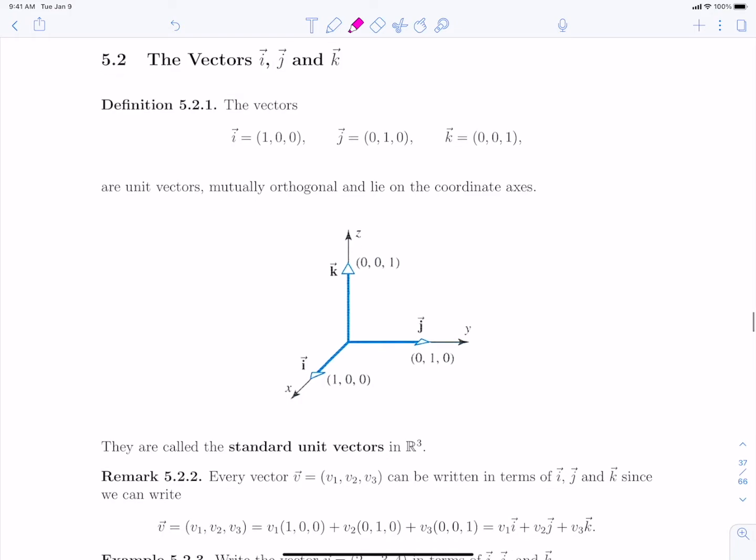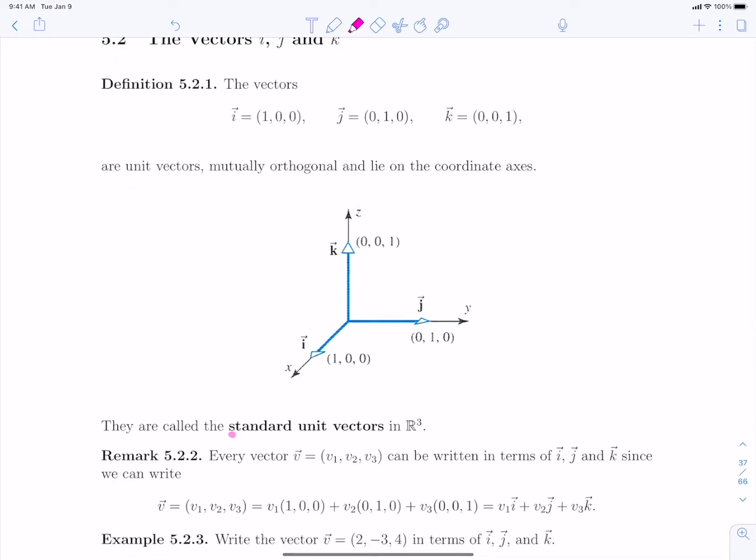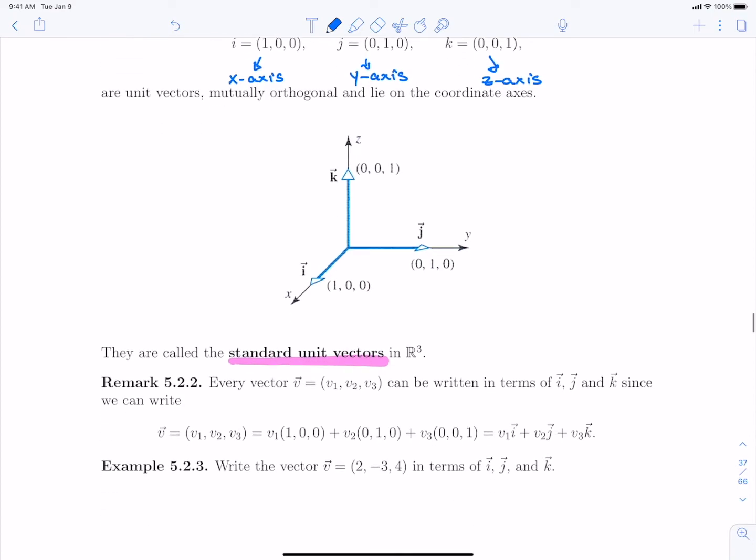The i, j, and k vectors are the standard unit vectors along the different axes. So i is on the x-axis, j is on the y-axis, and k is on the z-axis. It's our standard unit vector. If we were to find the magnitude of each of these, they would be equal to 1.